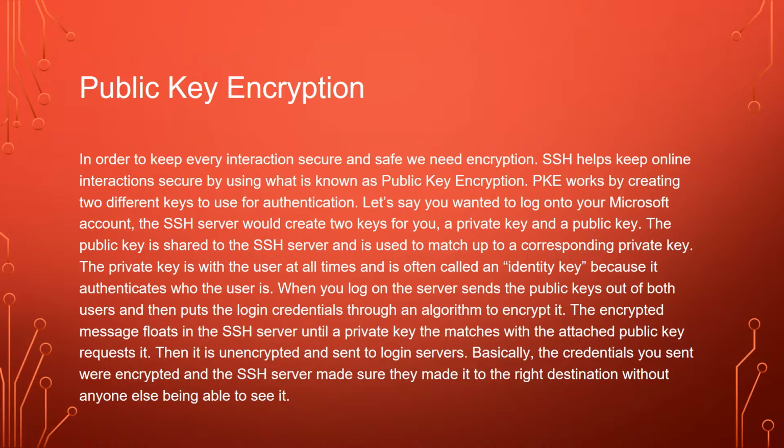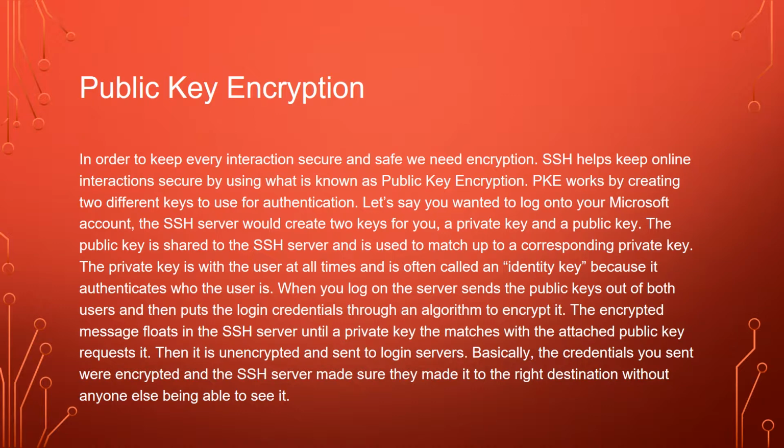Let's say you wanted to log into your Microsoft account. The SSH server would create two keys for you, a private key and a public key. The public key is shared with the SSH server and is used to match up with a corresponding private key. The private key is with the user at all times and is often called the identity key because it authenticates who the user is. And there's not really a way to lose it or steal it outside of physical means.